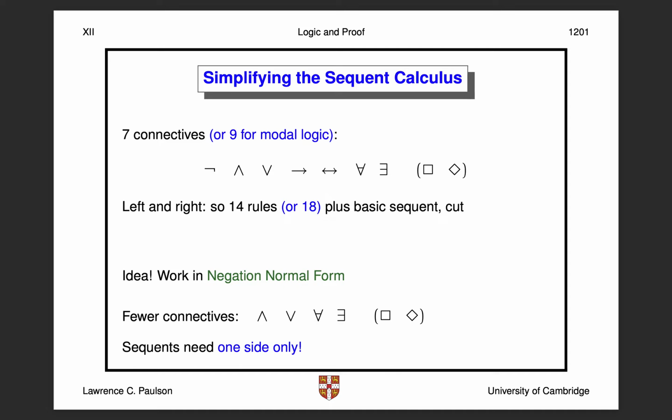That gets rid of implies and if and only if at a stroke. But it does more. Since negation will now only be applied to atomic symbols, we don't need the negation rules either. So we have reduced the number of connectives in the case of first order logic from 7 down to 4. But now a really massive simplification becomes available.